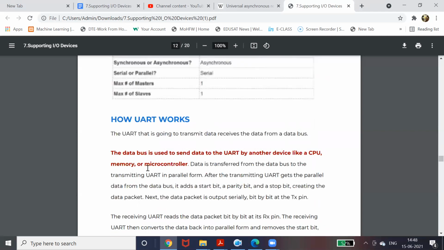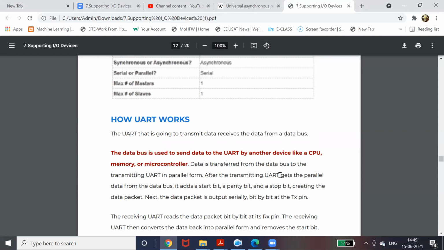Now, how exactly does UART work? When you transfer parallel data to UART, UART converts it into serial mode. It transfers the data serially to the second UART, which converts it back to parallel. Data is transferred from the data bus to UART in parallel form.